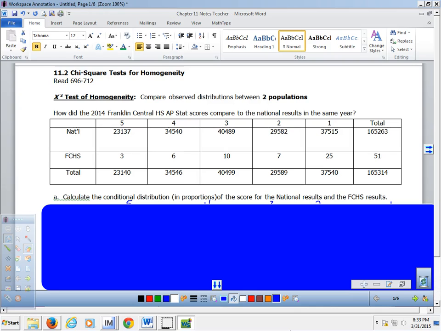But it's one categorical variable from one group.